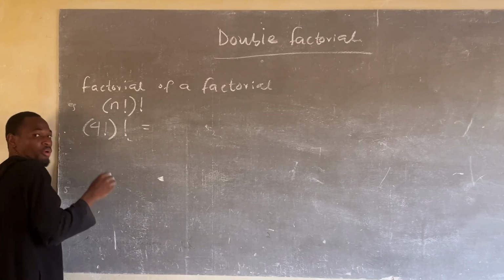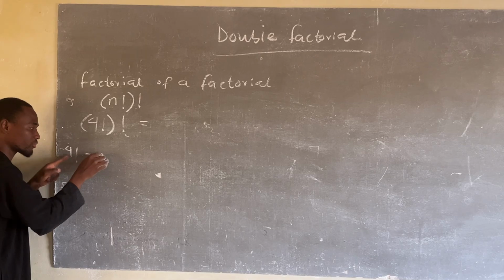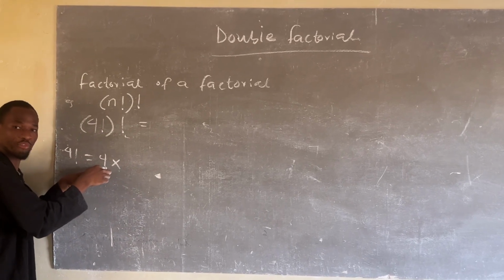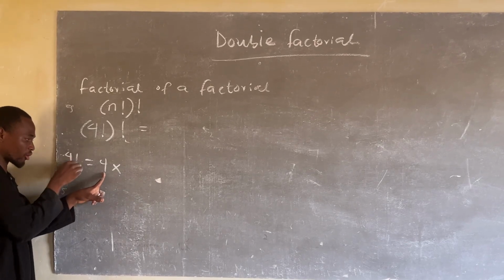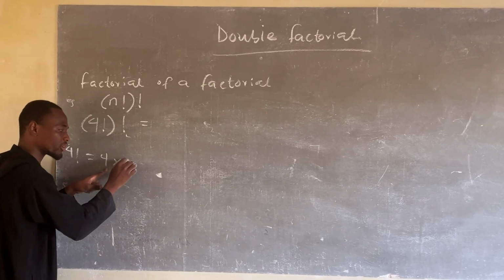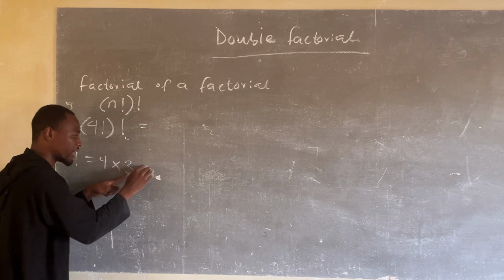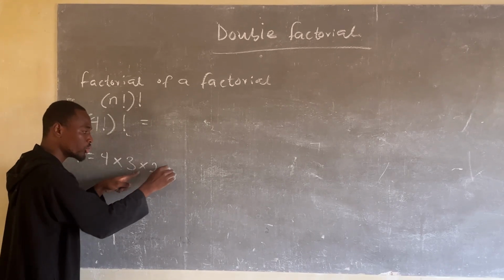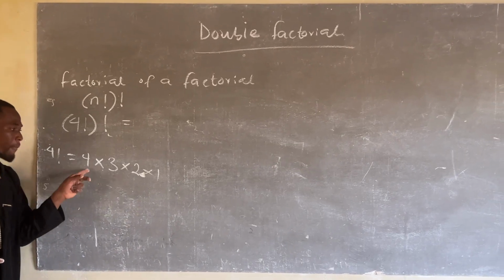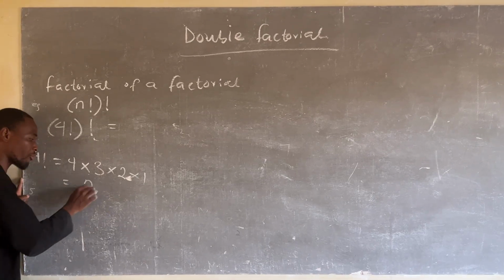Remember that 4 factorial is 4, then you subtract 1 from 4. Remember, this is a single factorial. You have 3 in the descending order, then you subtract 1 from 3, you have 2. You subtract 1 from this. So we have 4 times 3 times 2 times 1, 24. 24, alright, perfect.